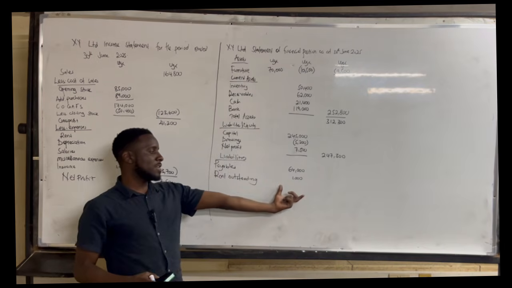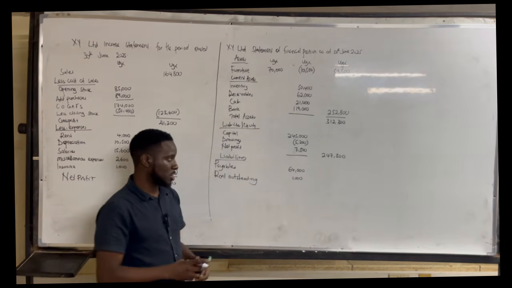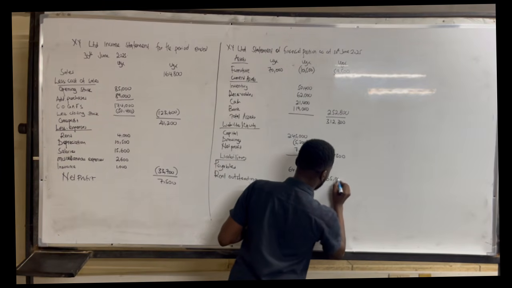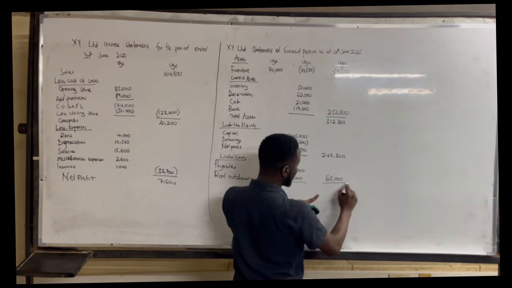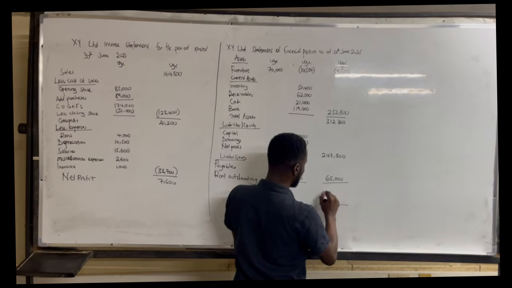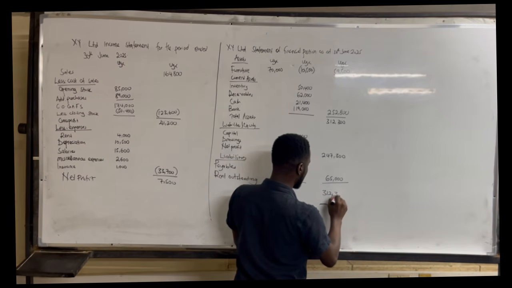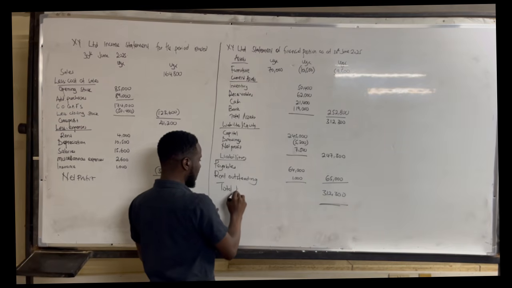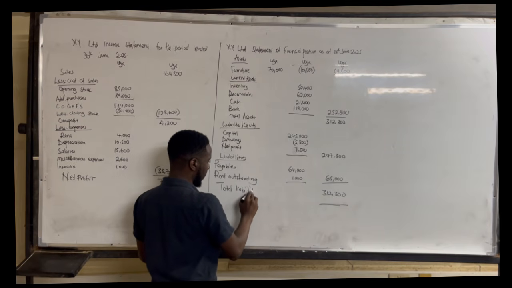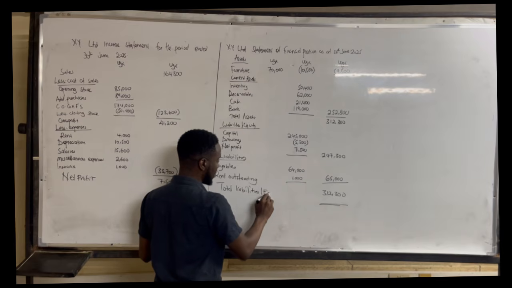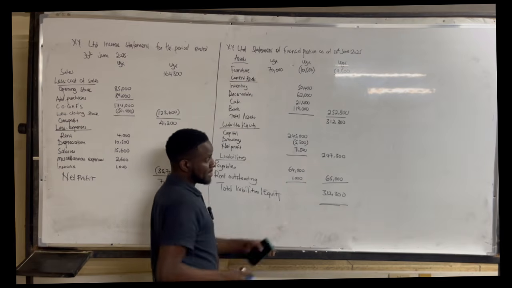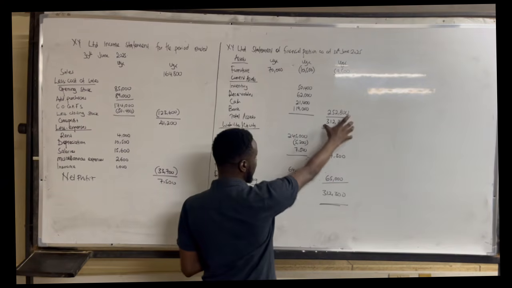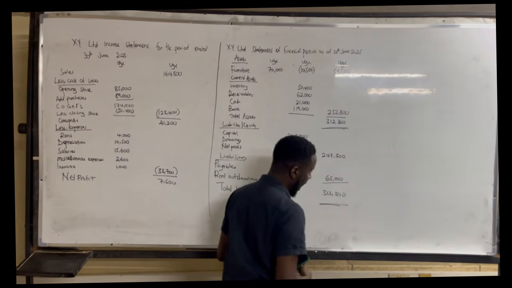These are the only liabilities that we had in the question. Therefore, the total is going to be 65,000. So once you add these two, we're going to get 312,300 as our total liabilities and equity. Once you get this, it means that your balance sheet has actually balanced. So these are the total assets, and these are the total liabilities and equity.